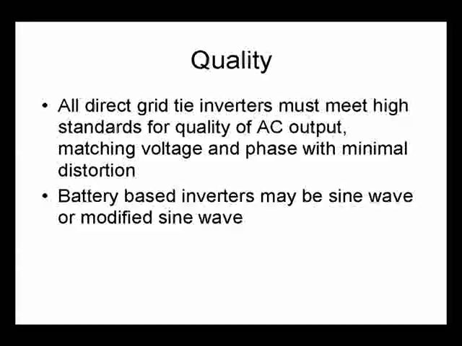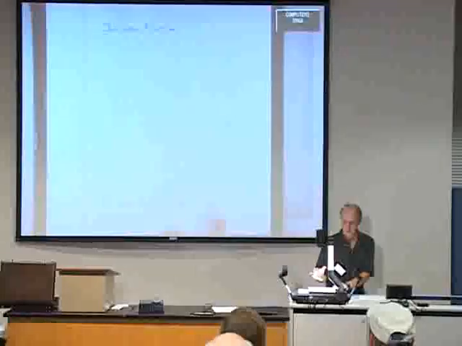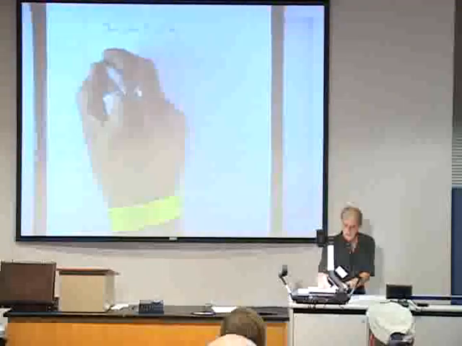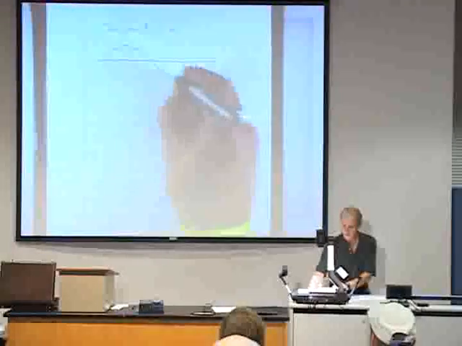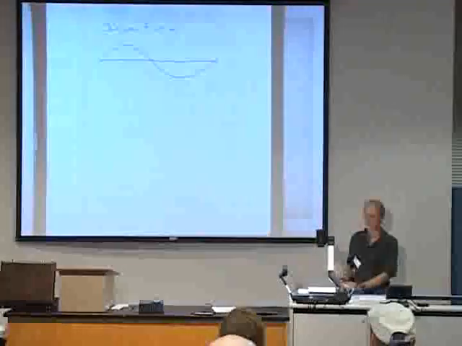The next thing that you have to think about is the quality of the inverter's output. The terms that are most commonly used are sine wave, pure sine wave, or modified sine wave. When we talk about sine wave with electricity, a sine wave is something that looks like this, roughly.